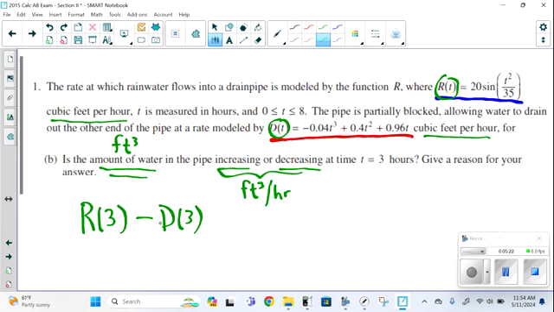If there's more water going in than leaving, then it's increasing. If there is more water that is leaving than going in at time 3, then it would be decreasing. And the fact that we have a calculator makes this oh so easy.